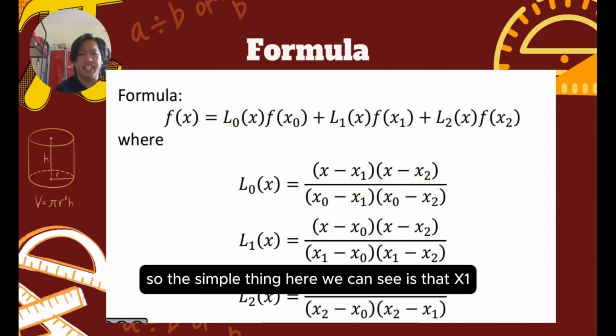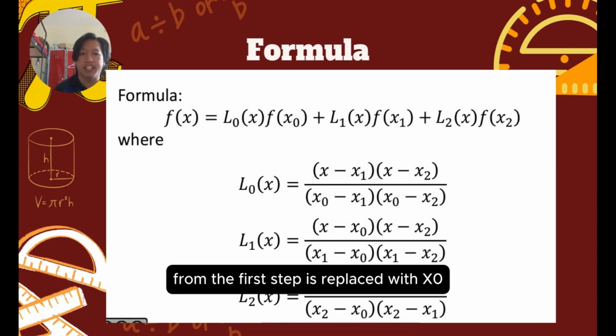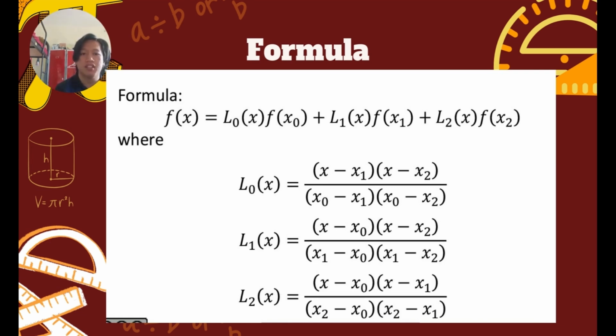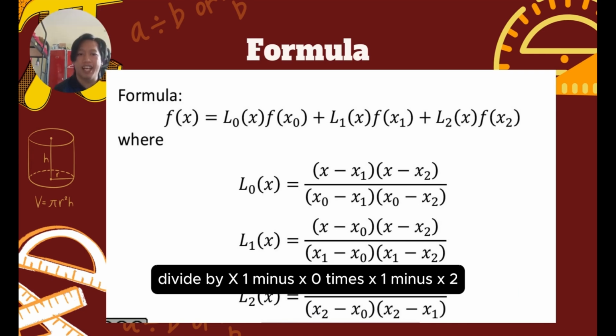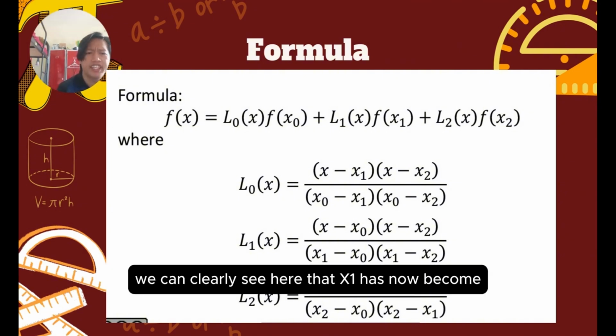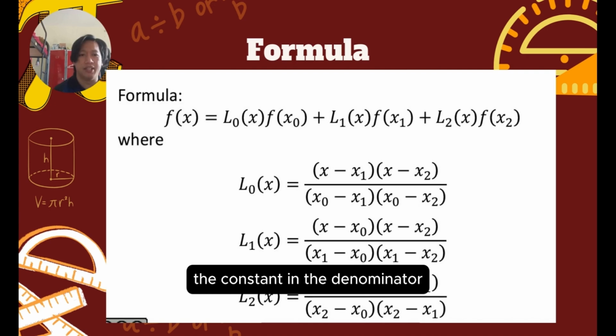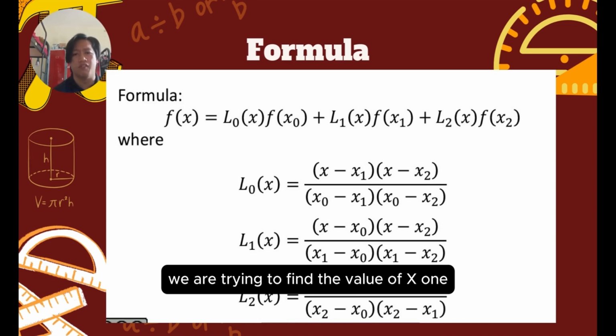The simple thing here is that x1 from the first step is replaced with x0: x minus x0 times x minus x2, divided by x1 minus x0 times x1 minus x2. We can clearly see that x1 has now become the constant in the denominator, while on the numerator we are trying to find the value of x1.